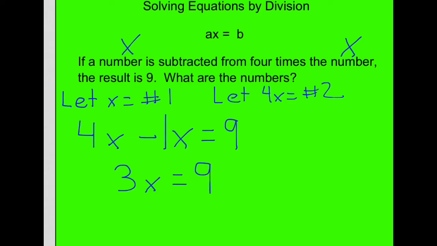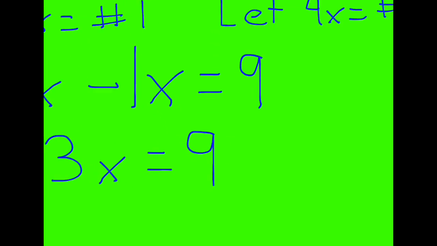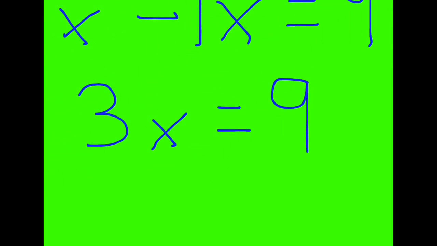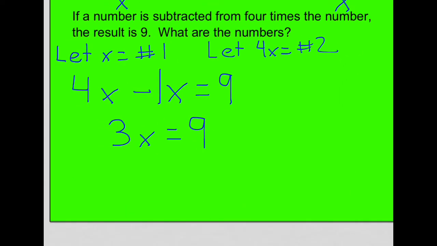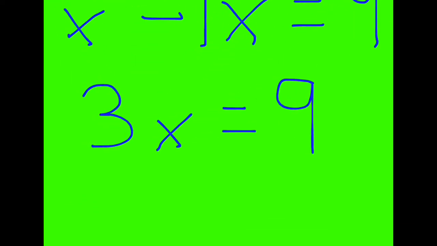Now, we have a math equation in the form a multiplied by some number x equals b. In this case, the a is 3, the x is x, and the 9 is b. This is a multiplication equation. 3 times a number equals 9. To solve this, we do the opposite of multiply by 3. We do the opposite of what's beside the variable.